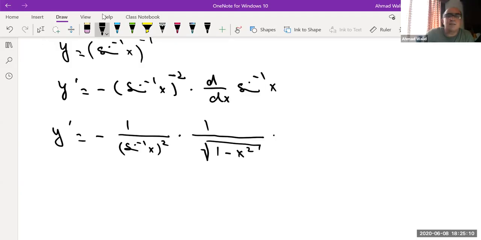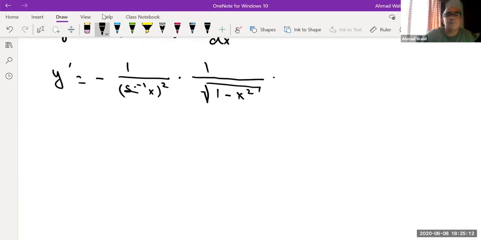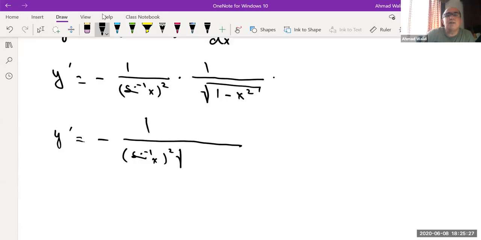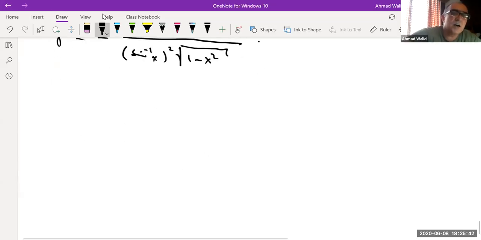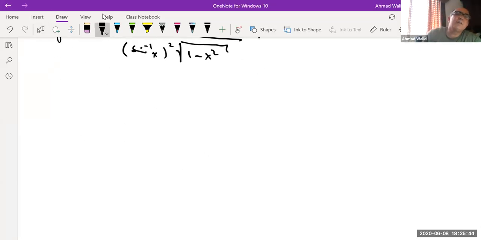Just multiply as one fraction and you are done. y prime equals negative 1 over inverse sine x squared times the radical of 1 minus x squared. Final answer. Correct? This was all about the derivatives of inverse trigonometric functions.